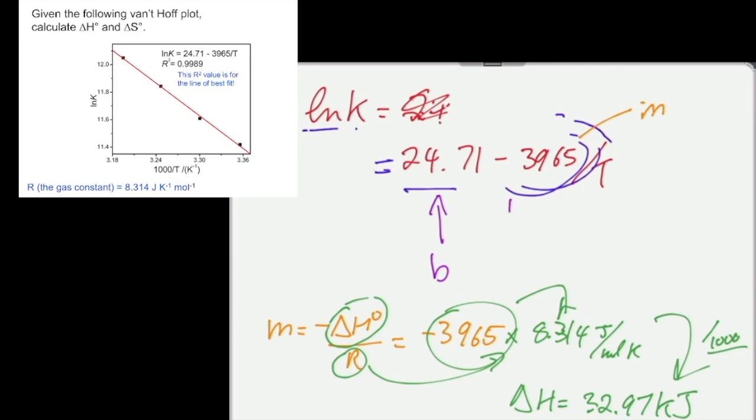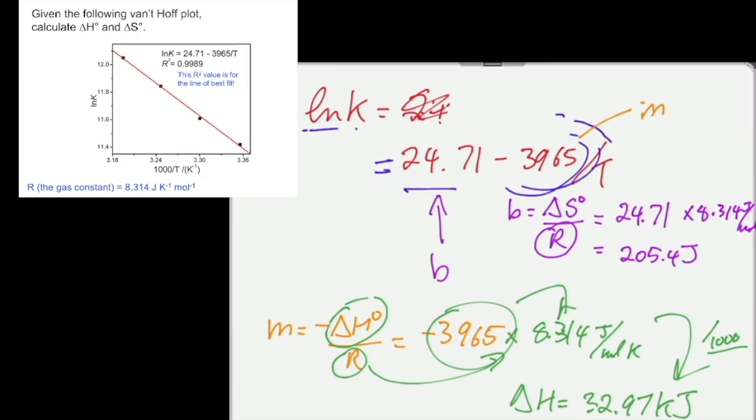Next one, our b value is equal to delta S naught over R, which is equal to 24.71. We multiply this one through. Once again, we're using 8.314 here, so 24.71 multiplied by 8.314. This is in joules per mole Kelvin. Finishing off, we get 205.4 joules per Kelvin.